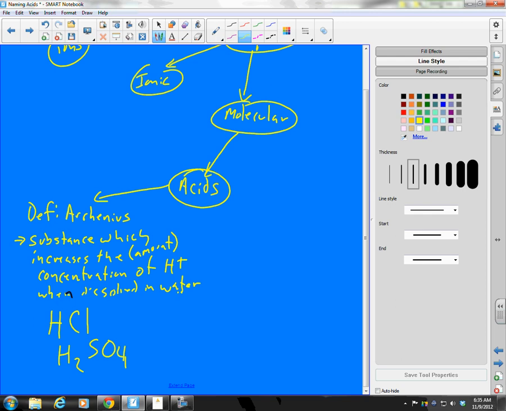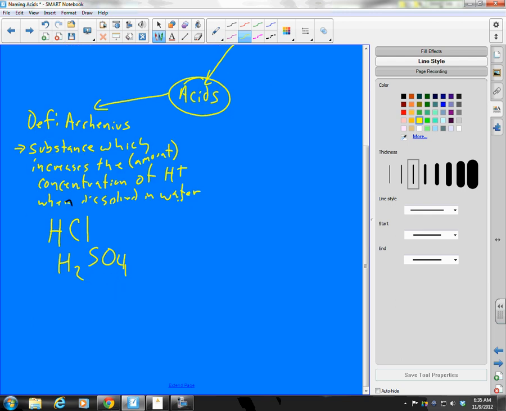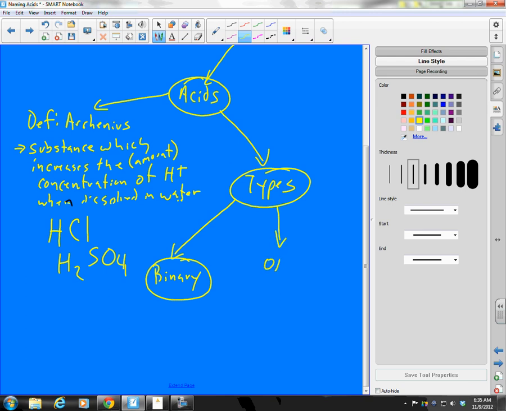Now, I kind of tip my hand because there are really two types of Arrhenius acids. We have binary Arrhenius acids, and we have oxyacids. Good. And so what is a binary?